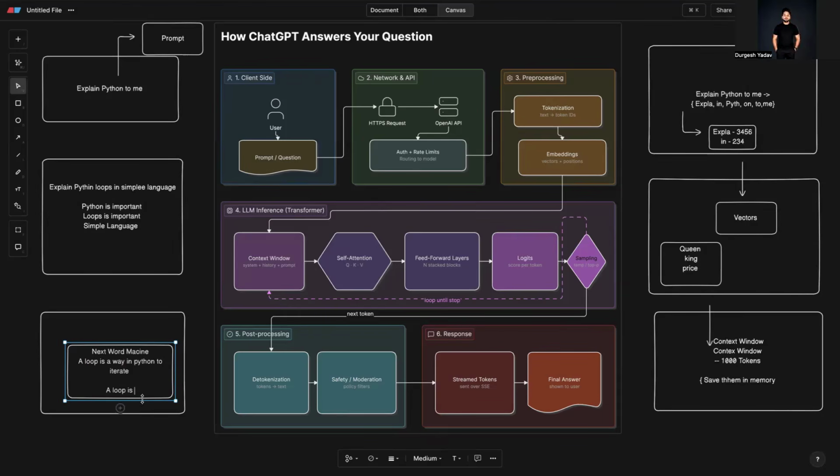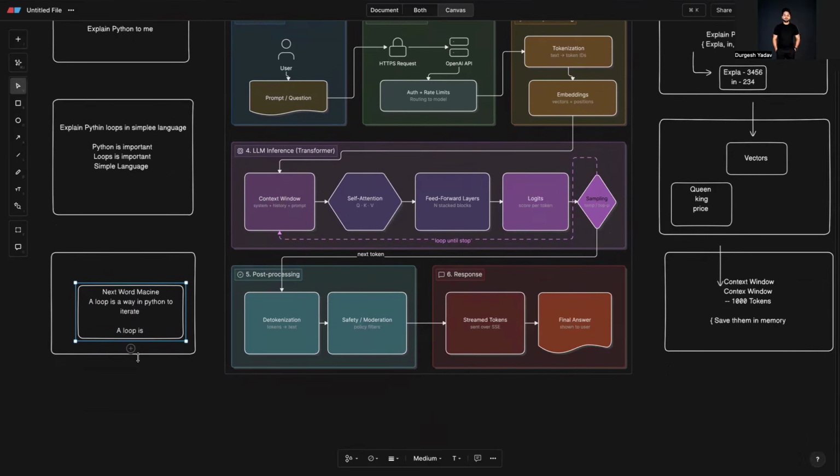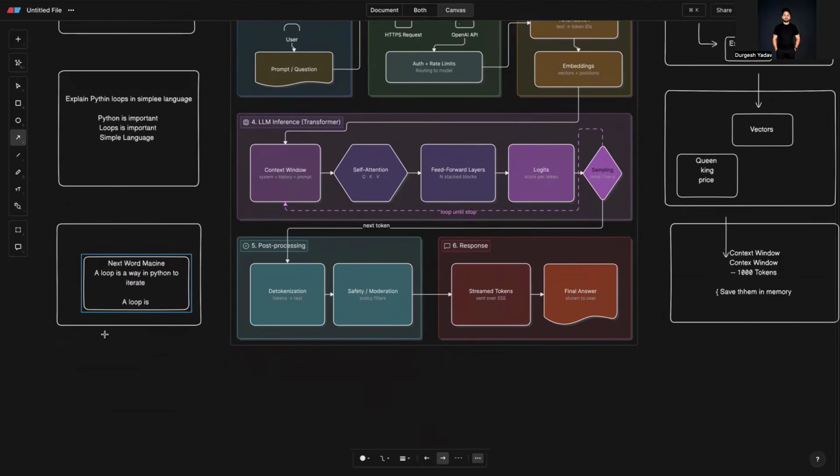Now, once this prediction is happening, after the prediction, the output is sent into logits. Now, what are logits? For every next word, the model calculates scores.